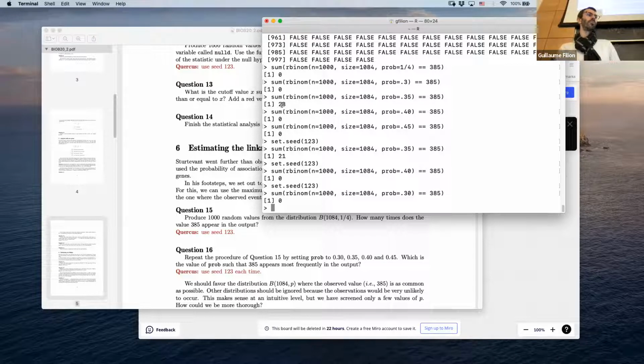Then we see it. Okay, it's not super frequent, but we do see it. So intuitively now, it says that when the parameter is around 0.35, this event is possible. It's even common. But when the parameter is lower or higher, this event becomes really hard, like to imagine.